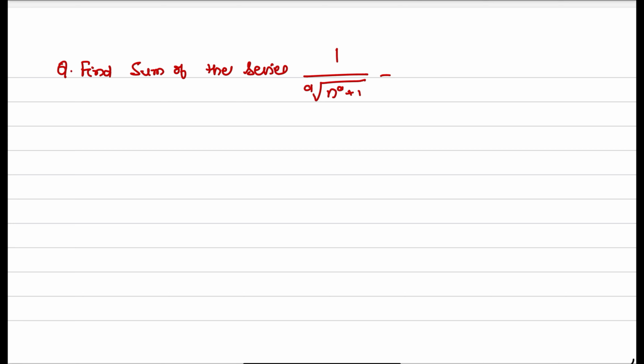What is the question given here? The question is, find the sum of the series 1 by the a-th root of n to the power of a plus 1, plus 1 by the a-th root of n to the power of a plus 2, plus up to 1 by the a-th root of n to the power of a plus n, is equal to how much?